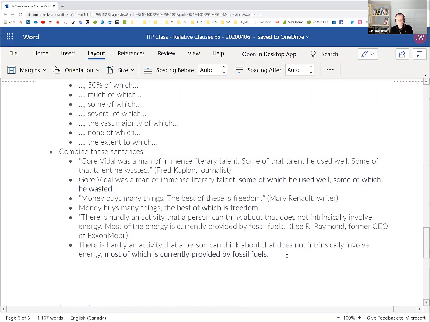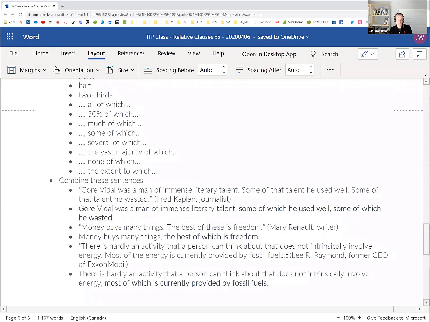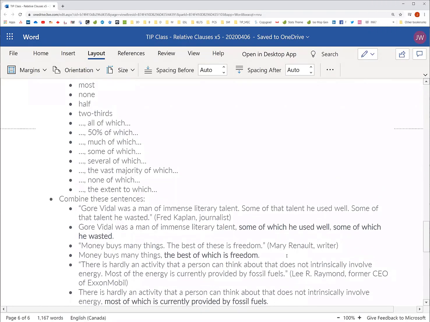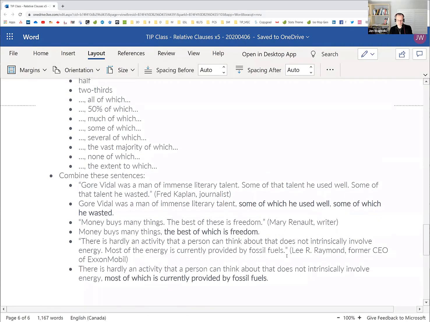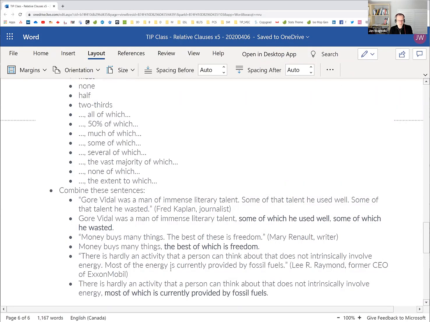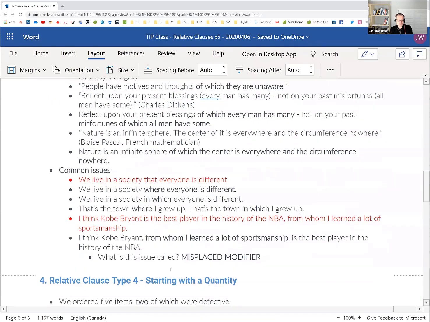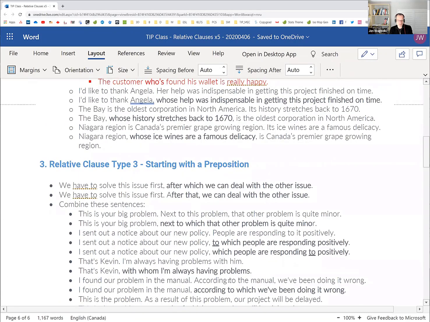All right, any questions about these ones? This is called the fourth relative. There's a lot of overlap between the fourth one and the third one, which is relative clauses just starting with a preposition.